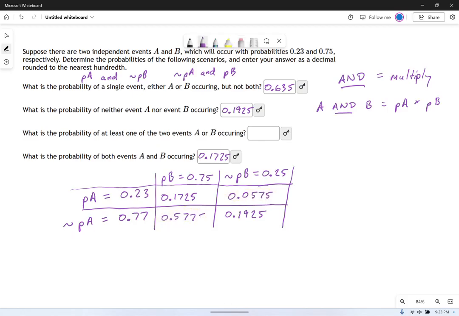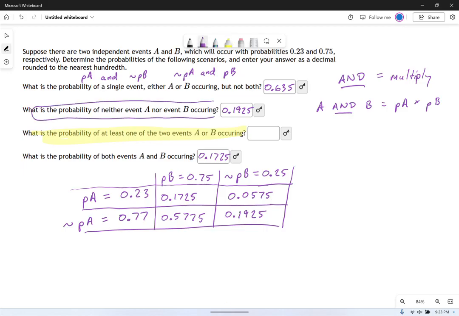And let's talk about that last one. I think that might be the hardest. What is the probability of at least one of the two events, A or B, occurring? Well, actually, this isn't that bad. We've already done most of the work for this one. If you take a look up here, this one said, what's the probability of neither event occurring?